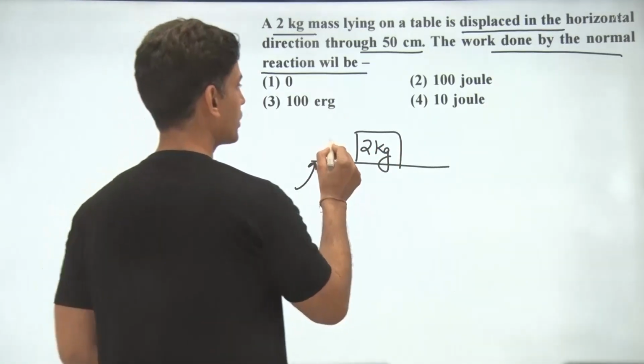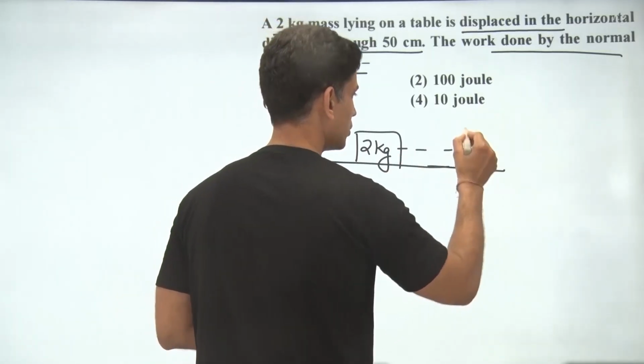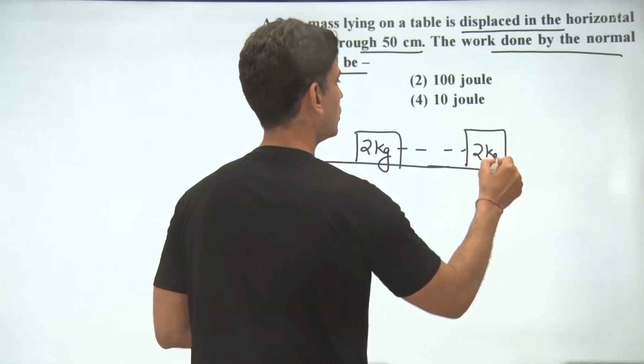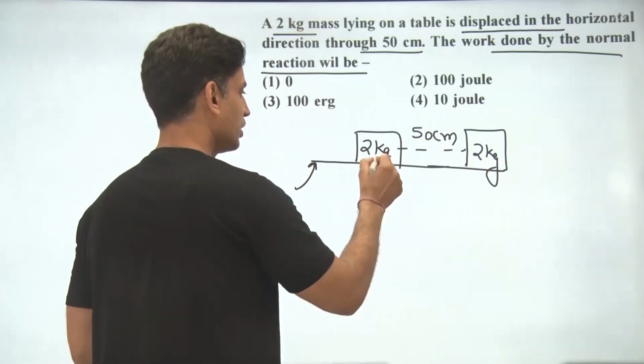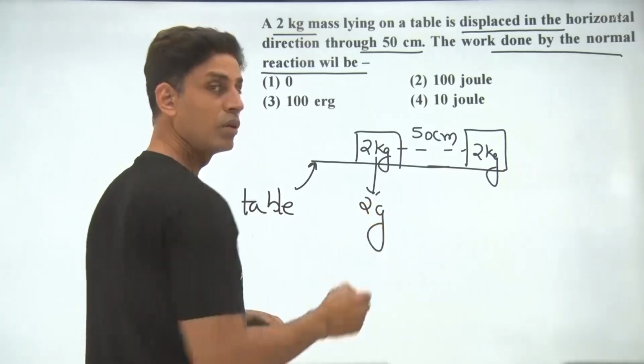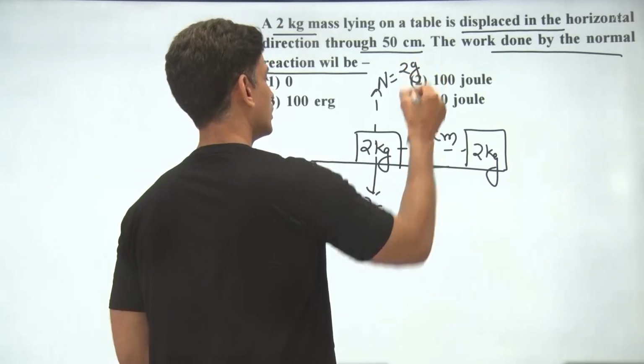It is displaced horizontally from this position to this position by 50 centimeter. Now this is 2g, and this is the normal reaction N, that is equal to 2g.